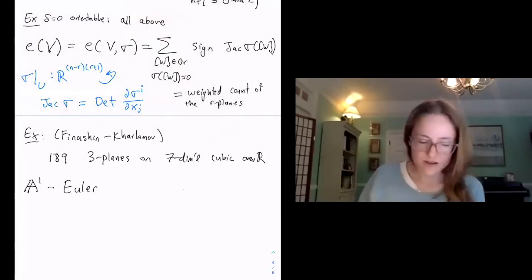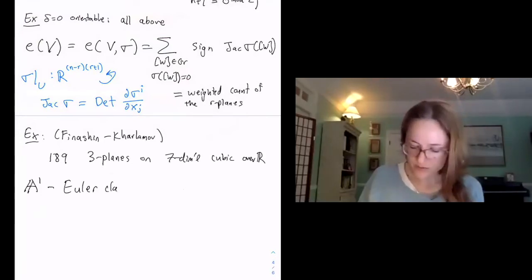Let's talk about A1 Euler classes and numbers.